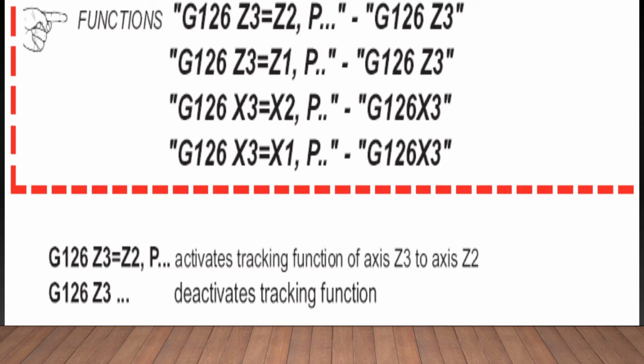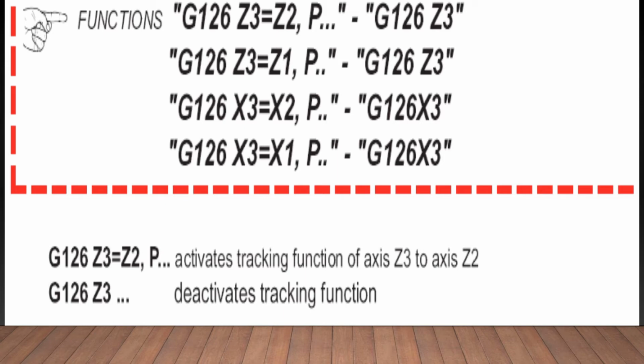Okay? So we have G126 where we could use Z3 equals Z1. In other words, the Z3 follows all the Z1 moves. Or G126 X3 equals X2. In other words, again, X3 will follow anything X2 does or moves.